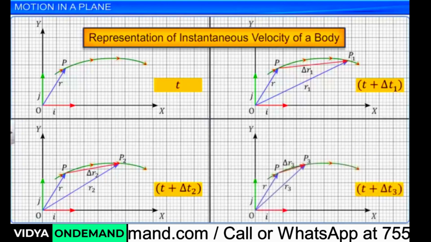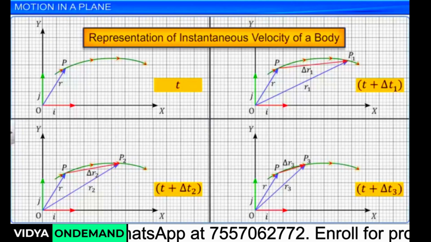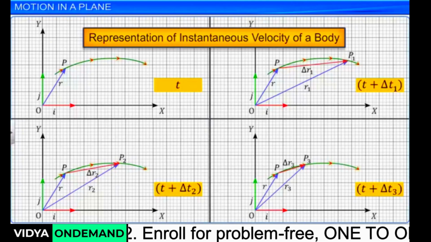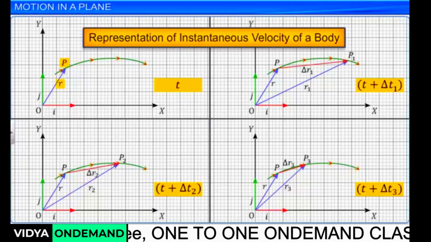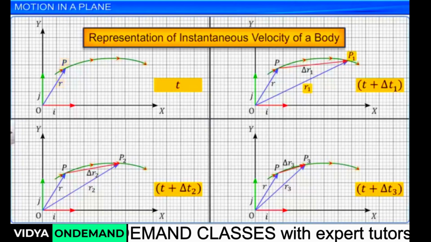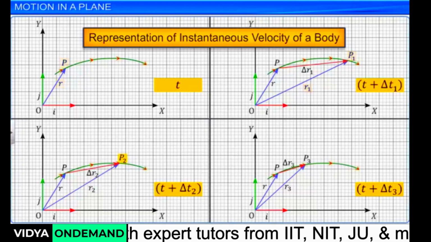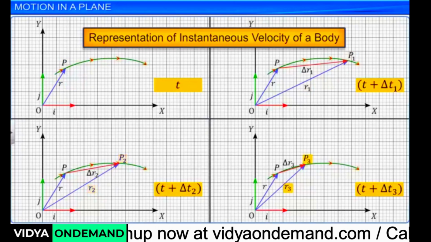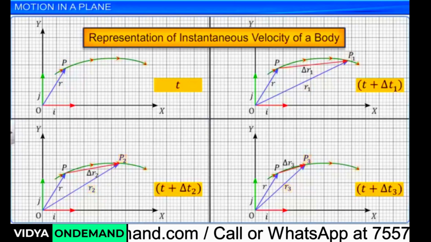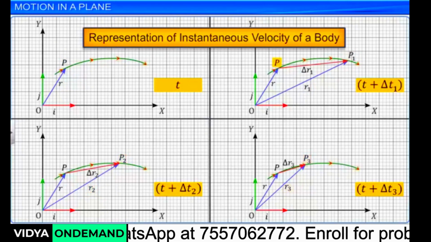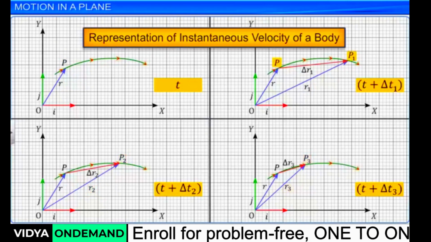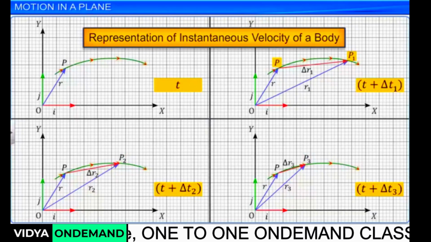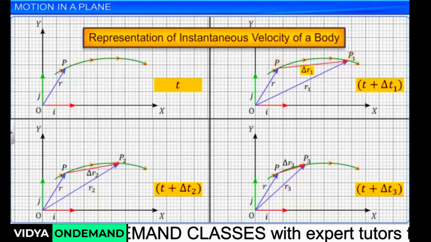The position vectors of these various points are: P is r, P1 is r1, P2 is r2, and P3 is r3. The displacement vectors with respect to point P are: at point P1, its displacement is delta r1. At point P2, its displacement is delta r2.